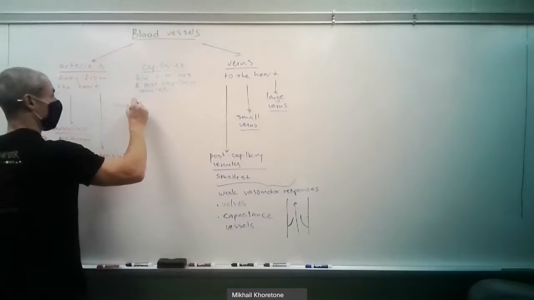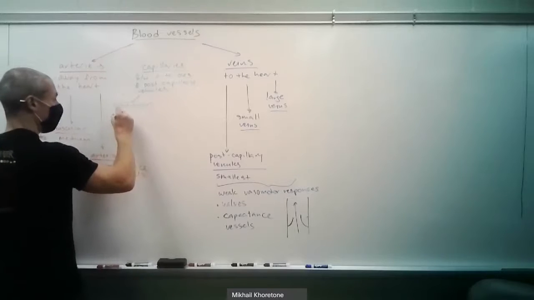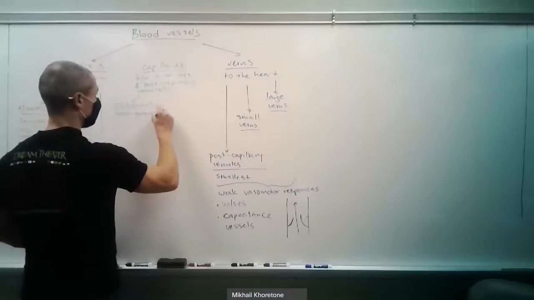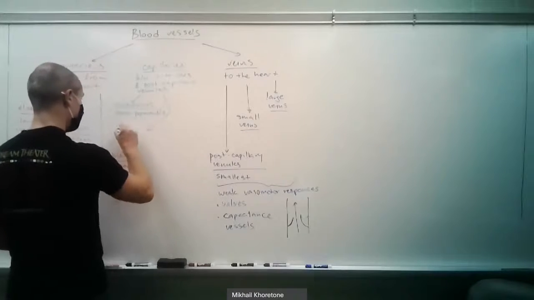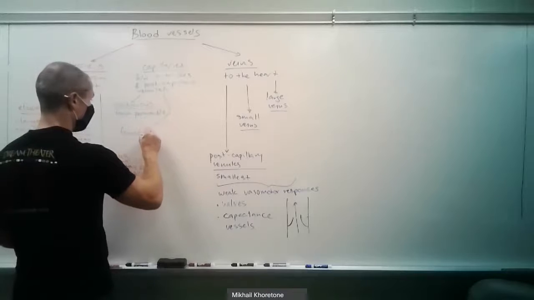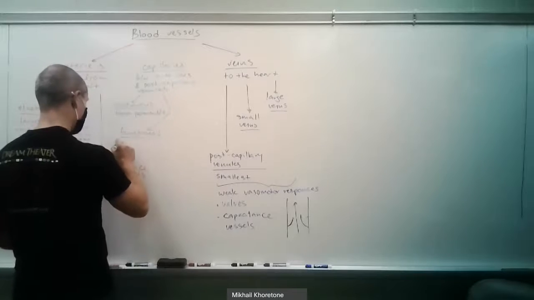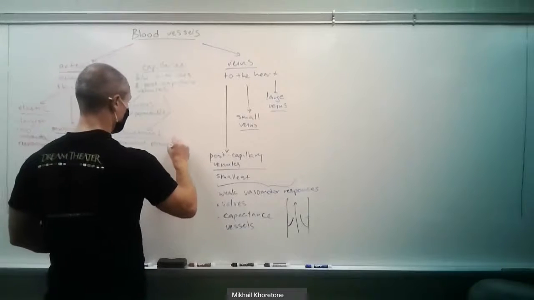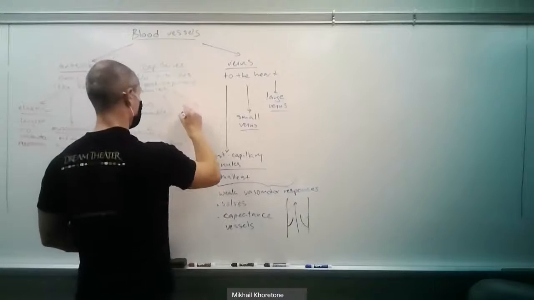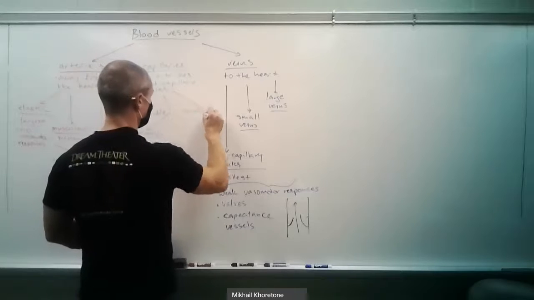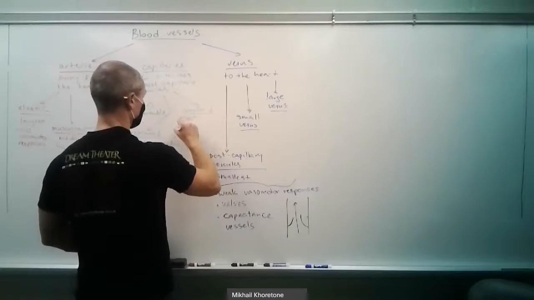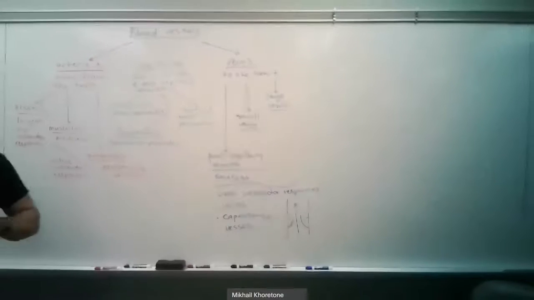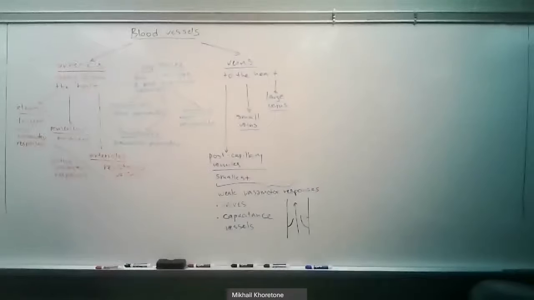Continuous, least permeable, fenestrated, semi-permeable, and sinusoidal. Right? Good? Now check this out.